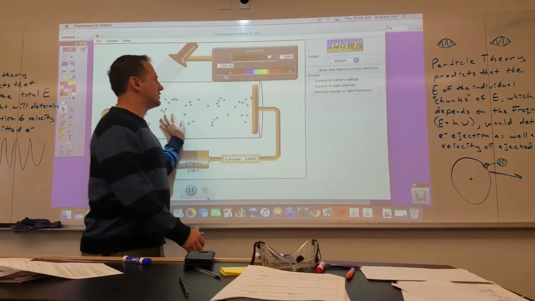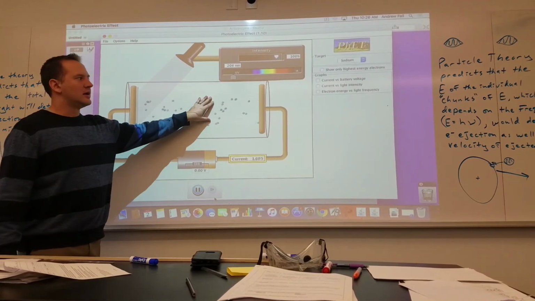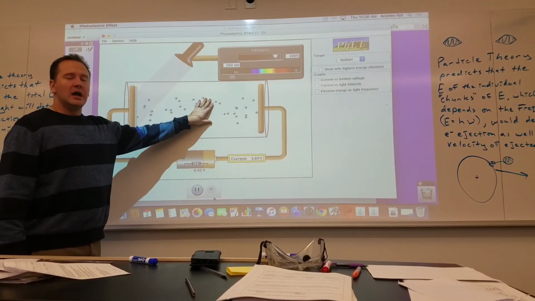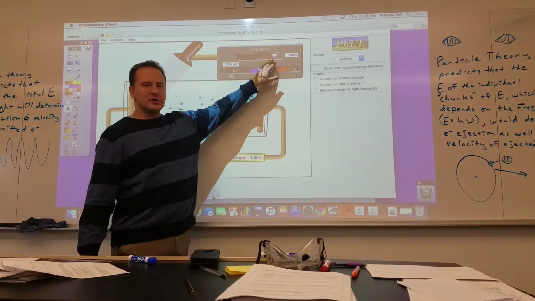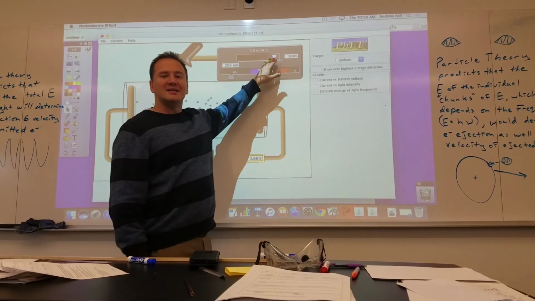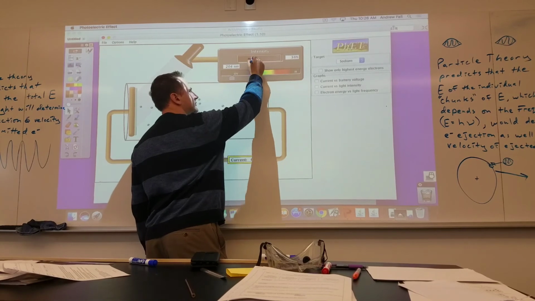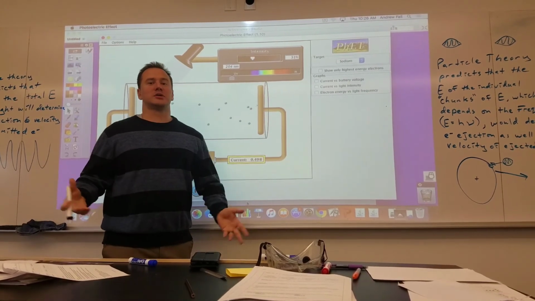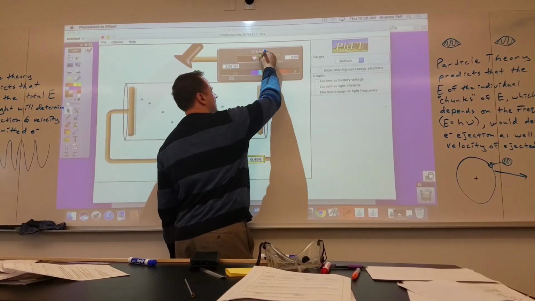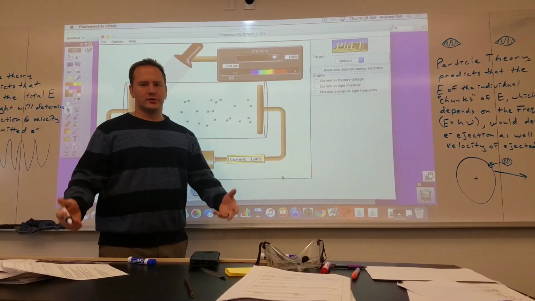So you have more energy on the electrons that are getting knocked off. And what we also learn is that the intensity of the light really represents how many photons are being emitted. A low intensity, or dimmer, light will have fewer photons being emitted, and a higher intensity light has more photons being emitted.